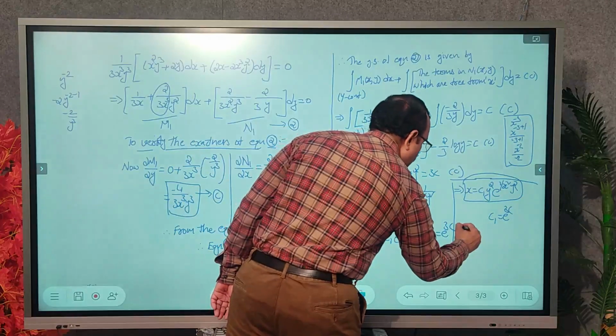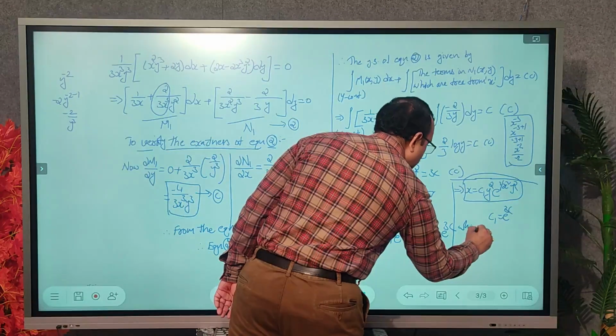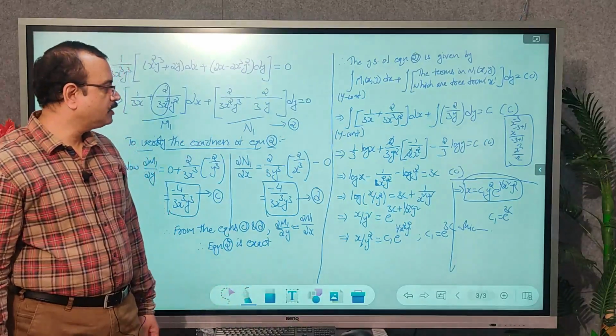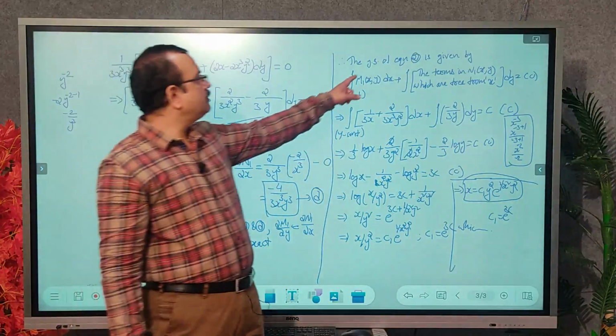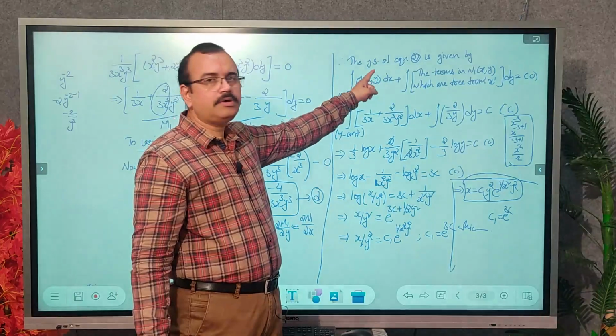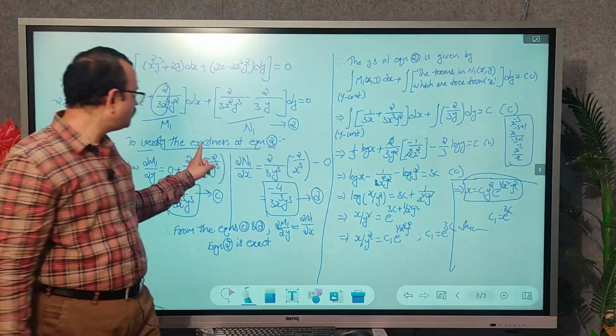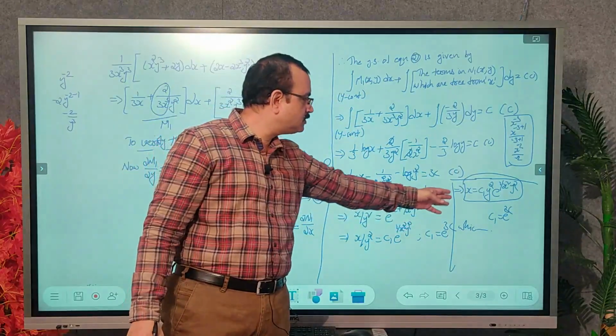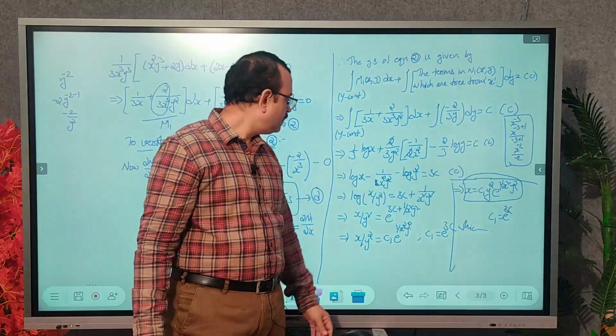If you want, you can conclude like this. So which is the general solution of the given differential equation 1. So this is nothing but the formula we have taken here for the general solution of equation 2, because 2 is exact, but finally whatever we get is the general solution of equation 1.